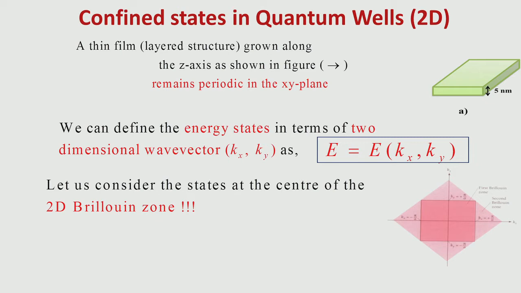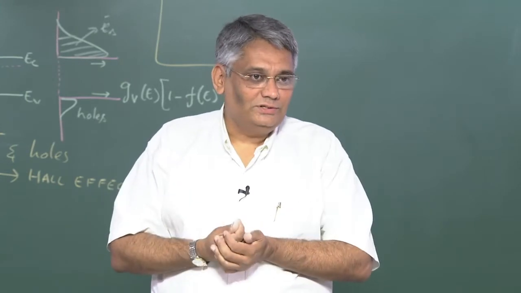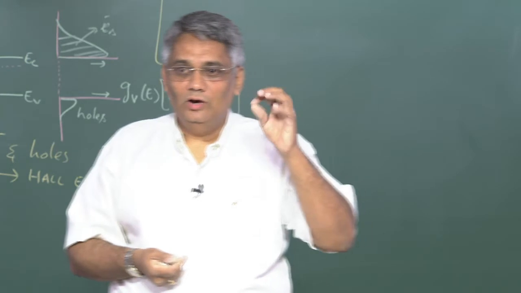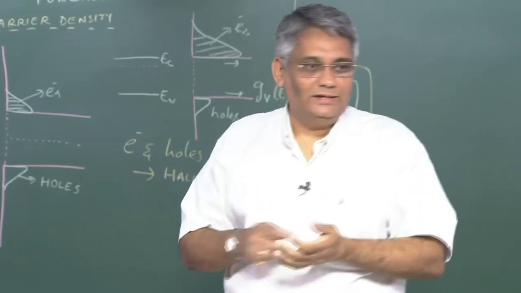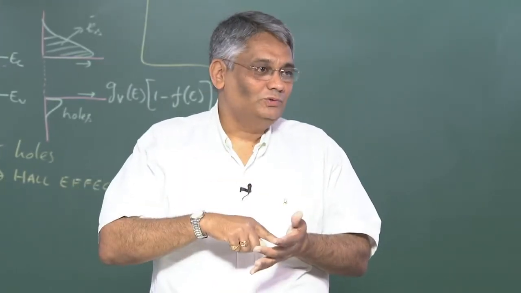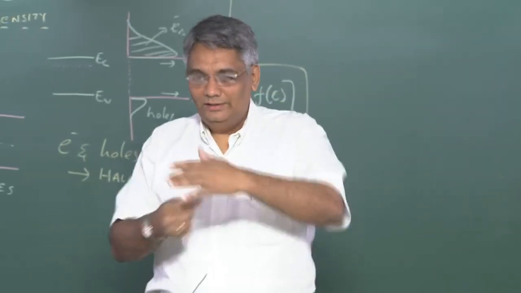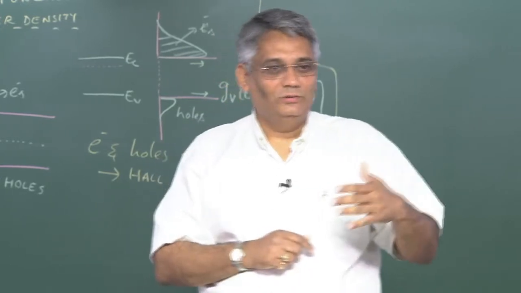The same kind of potential that we are talking about when an electron is propagating in a crystal or a solid, it experiences the periodic potential defined by the lattice. So for the carrier to move from zone 1 to zone 2, it has to overcome this potential. Then only it can propagate from zone 1 to zone 2. So it's exactly equivalent to creating an artificial two-dimensional quantum well.